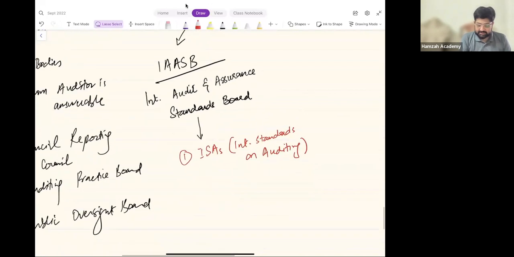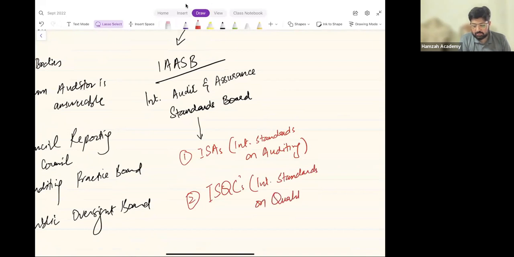The next is they issue second, ISQCs, International Standards on Quality Control. What are they?